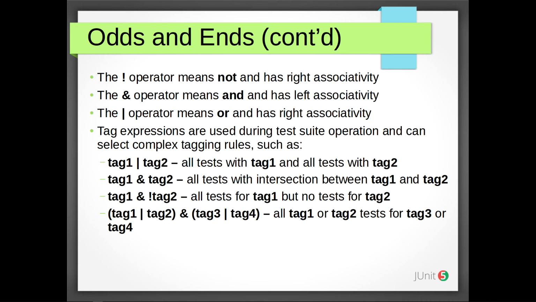This means all tests with tag 1 and all tests with tag 2. tag1 & tag2 means all tests with intersection between tag 1 and tag 2. tag1 & !tag2 means all tests for tag 1 but no tests for tag 2. (tag1 | tag2) & (tag3 | tag4), separated by parentheses, means all tag 1 or tag 2 tests for tag 3 or tag 4. So these tag expressions can get arbitrarily complex, but once again, the simpler the better.